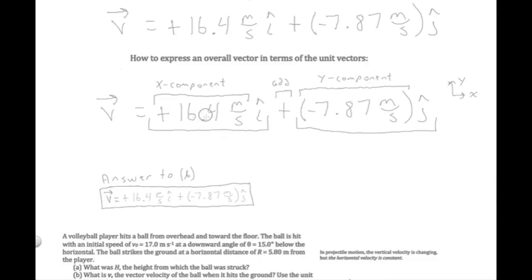If we take a vector that represents the x component and then add to that the vector that represents the y component, then the resultant that we obtain from that addition is a new vector that does represent the overall velocity vector.